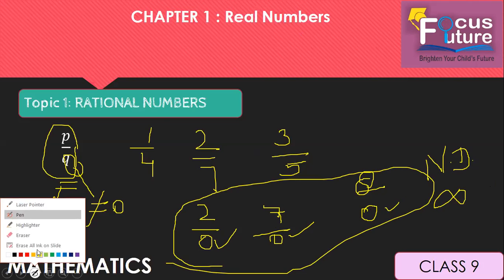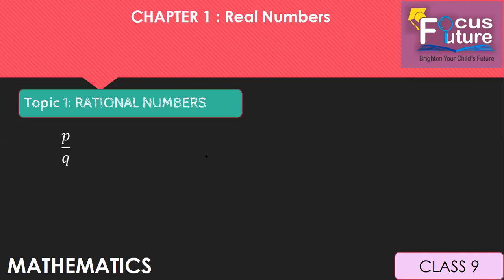So now we would be understanding natural numbers. What are natural numbers?